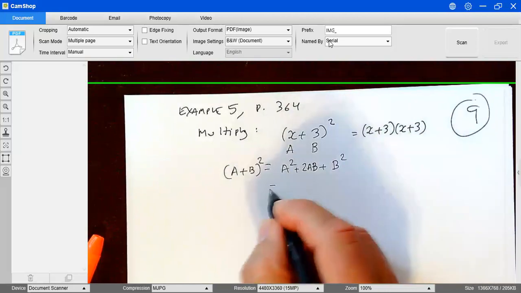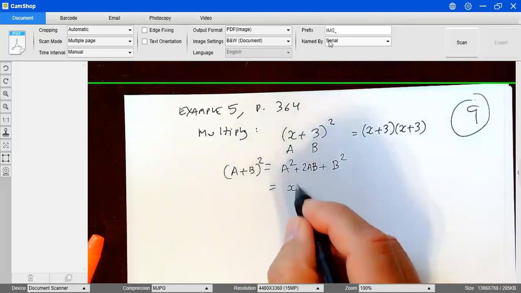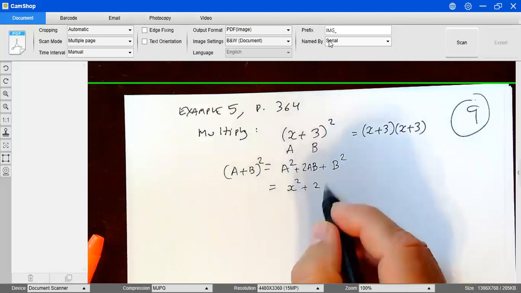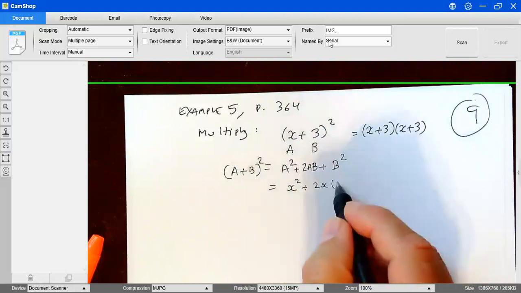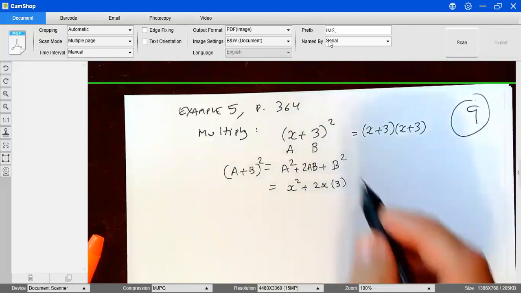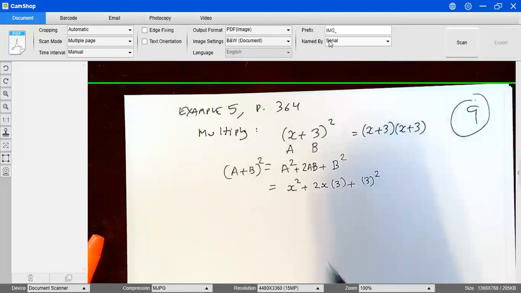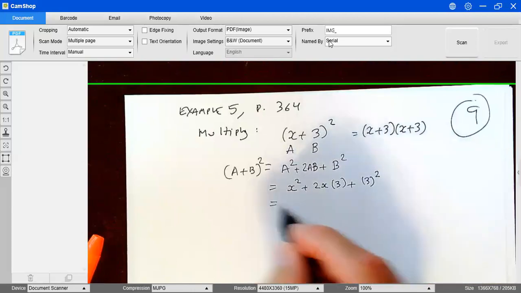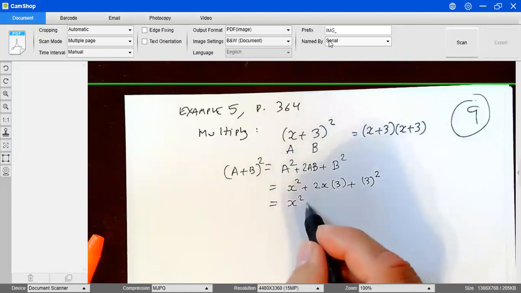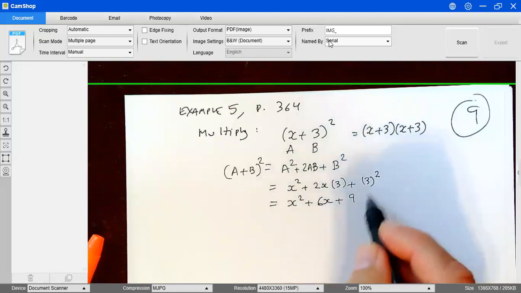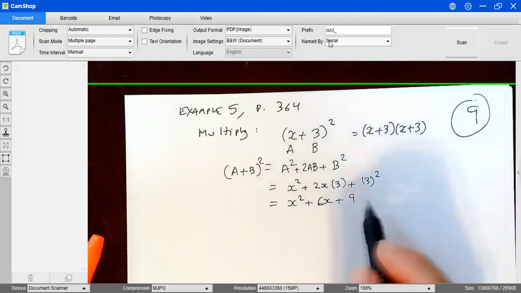So this is going to be a, which is x, squared, plus 2 times the first, which is x, times the second, which is 3. And finally, the square of the second is 3 squared. So we simplify this as x squared plus 2 times 3, which is 6x, plus 3 times 3, which is 9.